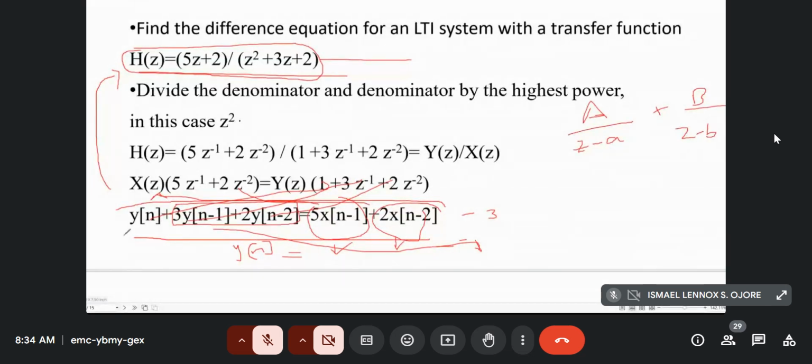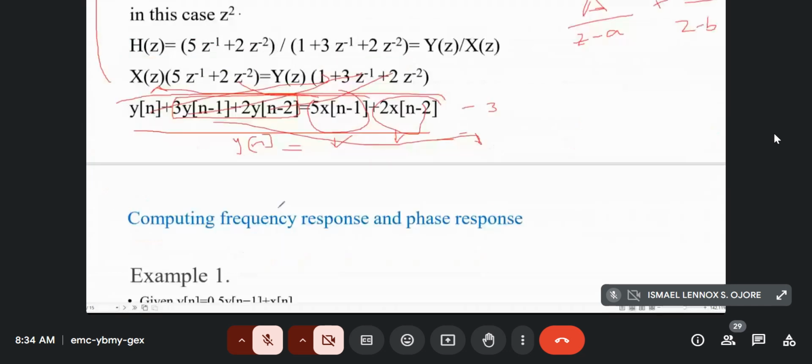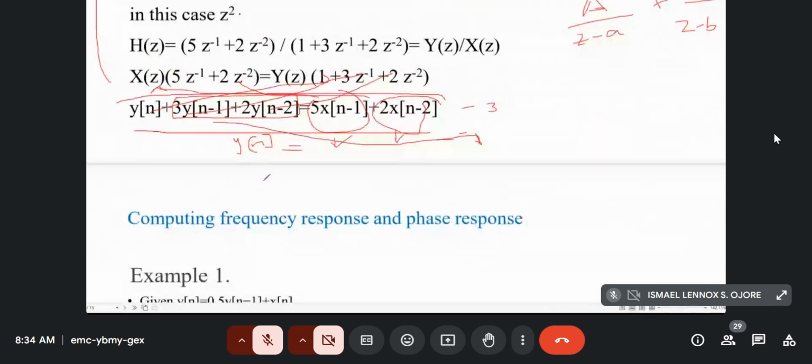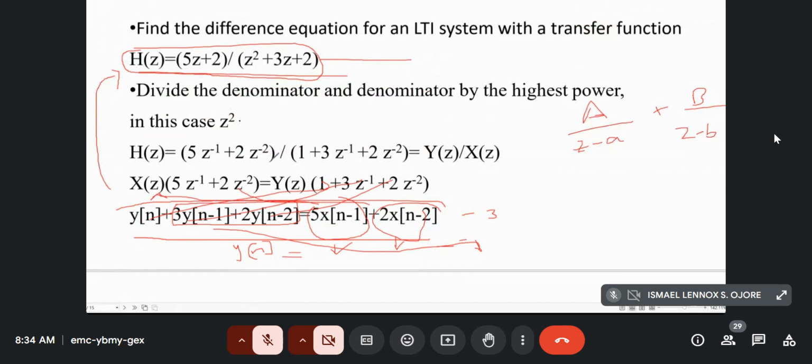You can reorganize it so what you have is y[n], the current sample of y[n], is given by these past samples of x[n] and these past samples of y[n]. So I think that is clear. Actually, you don't have to do this.